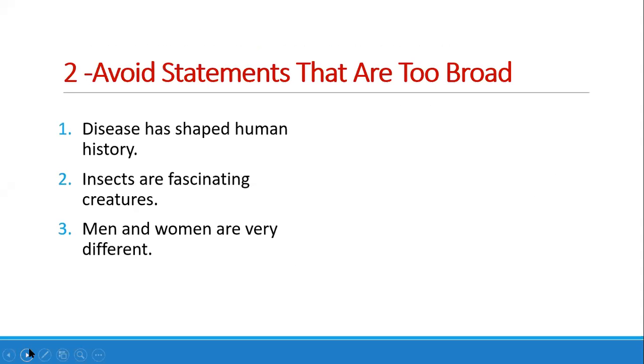Next is, avoid statements that are too broad. I think you may have read a lot of essays, and maybe you may have also written thesis statements that are very broad, like disease has shaped human history.